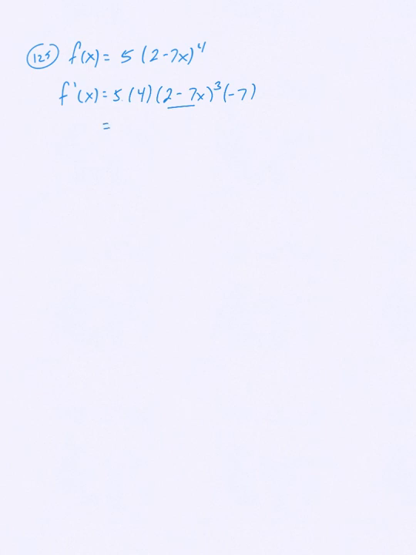Let's see, 5 times -7 is -35 times 4, I think is 140. All right, we're going to do this again. For our second derivative, -140 in front. Whoops, not a 2, but a 3 from that exponent. And then we multiply that by the derivative of what's inside, which is another -7.